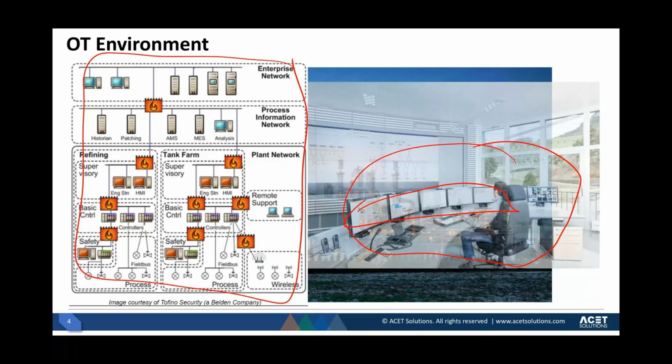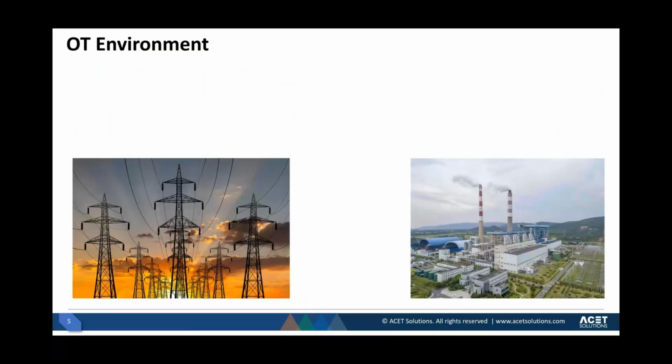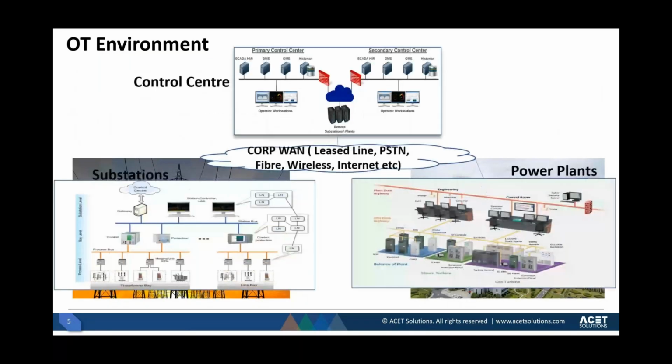So you would find this kind of environment in, let's say, a refinery, a petrochemical complex, or maybe fertilizer and all. You could also have some power plants, some substations, electrical environment connected over maybe some kind of a WAN to some control centers.